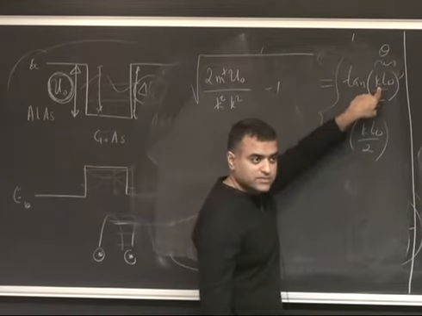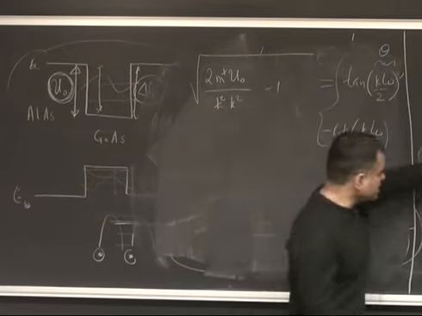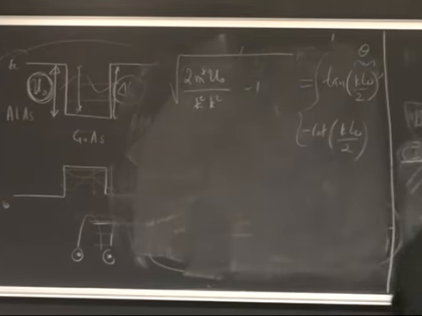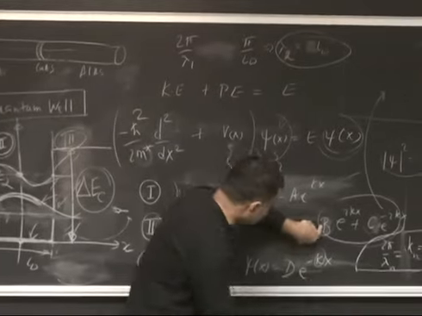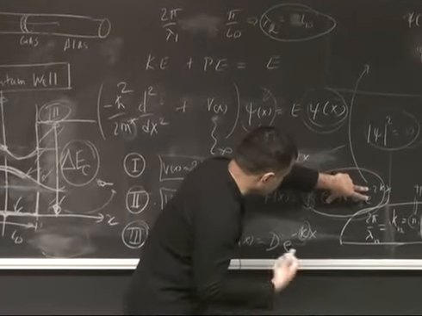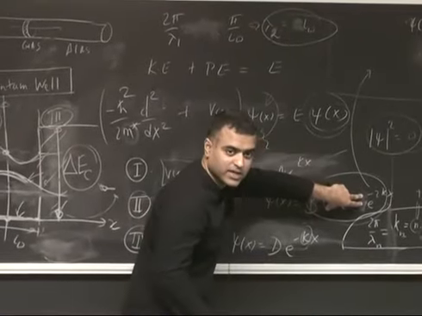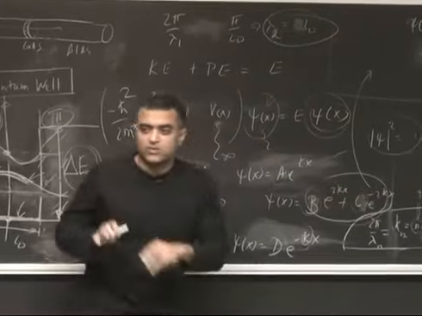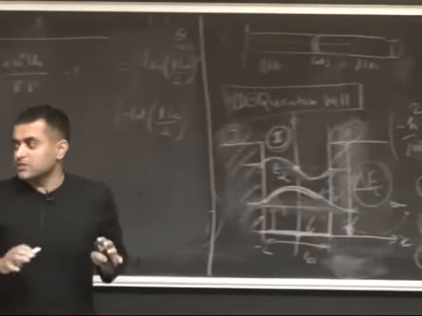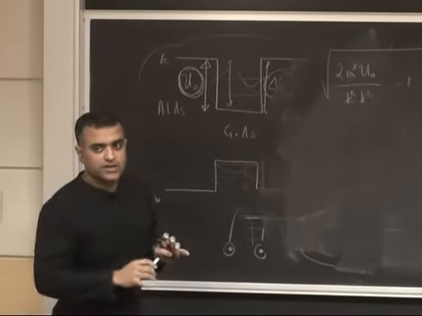That's the energy. Why? Because inside here the wave function is just that, the potential is 0, and when you take the Schrodinger equation, that's the energy you'll get, h bar squared k squared by 2m. The moment you can find out what k is, you get the energy. Does it make sense?